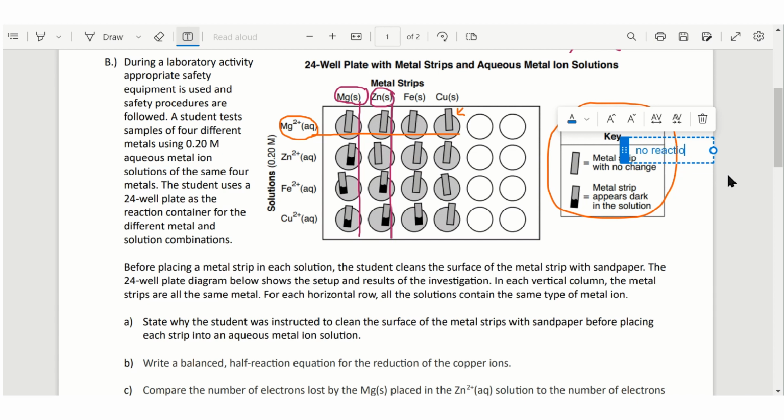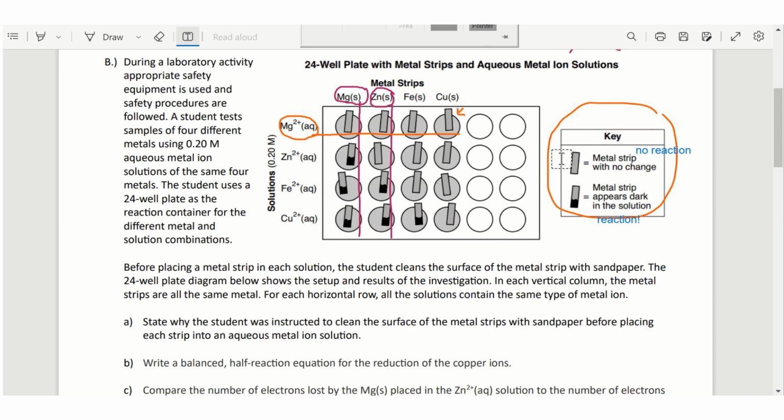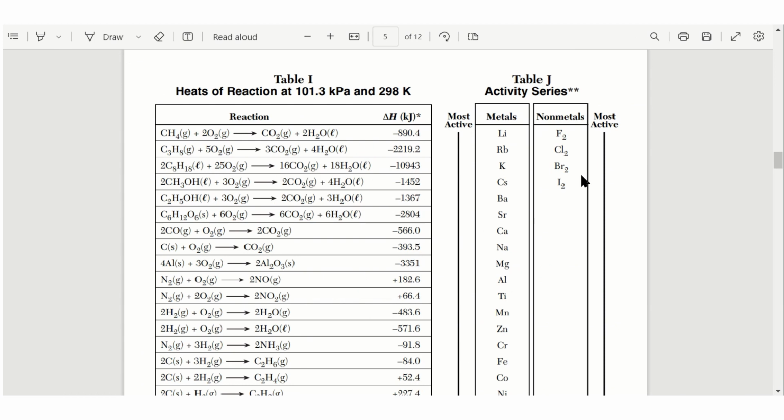Oops, spelled reaction wrong, right? If the metal strip appears dark in the solution, there was a reaction, right? What did we use in class when we were talking about this? We used table J, right? So when a strong metal, like lithium is the strongest, right?